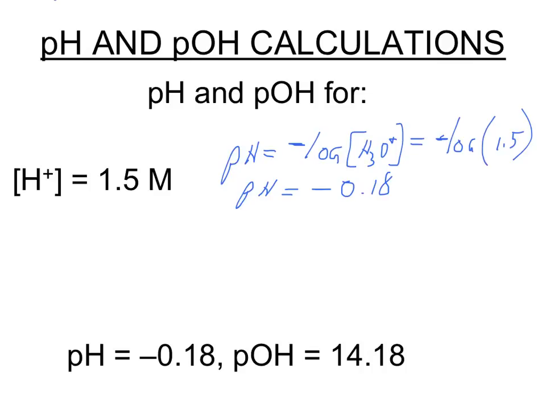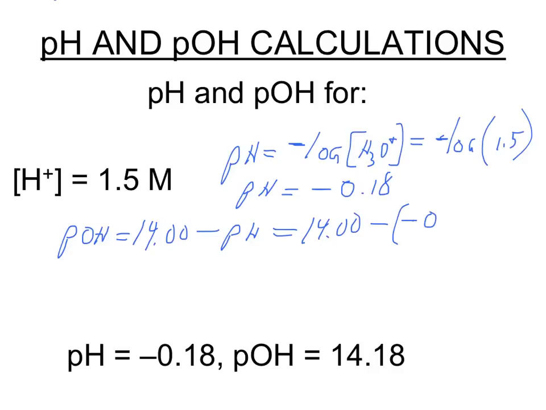Okay. Now, using the formula that the pOH equals 14.00 minus the pH, which again is just a rearrangement of our original formula, I get 14.00 minus negative 0.18, and that turns into a positive, so the pOH in that case is going to be 14.18.